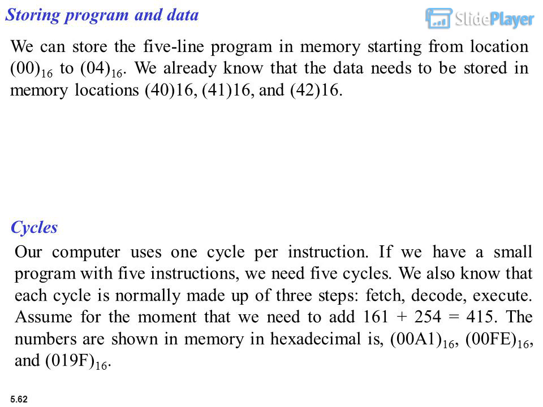If we have a small program with 5 instructions, we need 5 cycles. We also know that each cycle is normally made up of 3 steps: fetch, decode, execute. Assume for the moment that we need to add 161 plus 254 equals 415. The numbers are shown in memory in hexadecimal as 00A1₁₆, 00FE₁₆, and 019F₁₆.